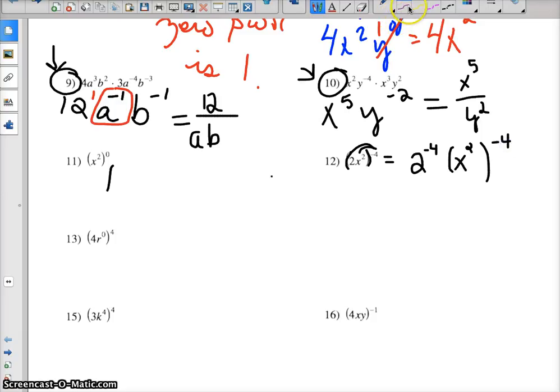Now, up to this point, we have not yet discussed how to raise an exponent to another exponent. You may or may not recall from Algebra 1 that our rule is when we raise a power to a power, we multiply those exponents. Let's jot that rule down.